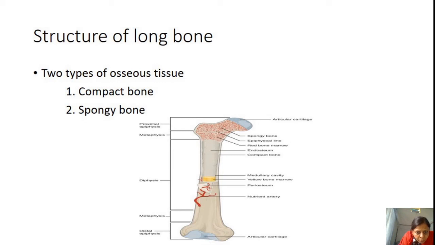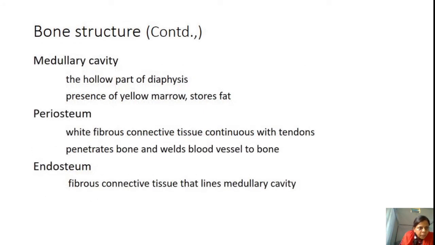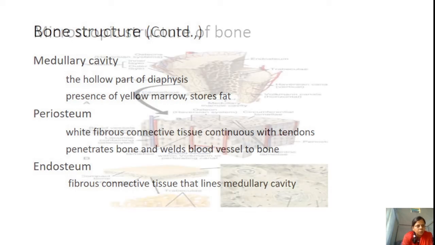The periosteum holds the arteries, veins and neurons which enter into the bone tissue. So here the same thing has been written: epiphysis, articular cartilage, diaphysis, medullary cavity, periosteum and the endosteum.